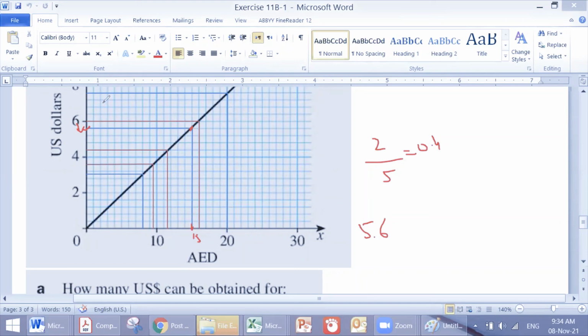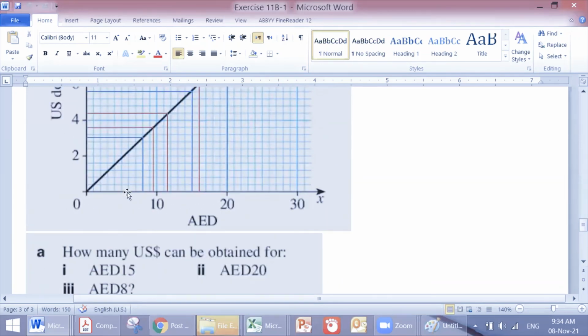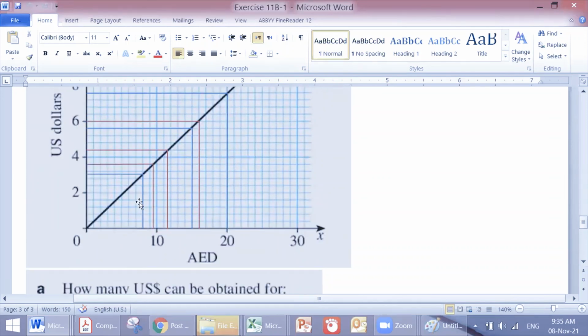And similarly, I have drawn red lines for part B. For part B, I have drawn the red lines, like how many AED can be obtained for $6. So for $6, here this one is the $6 line.